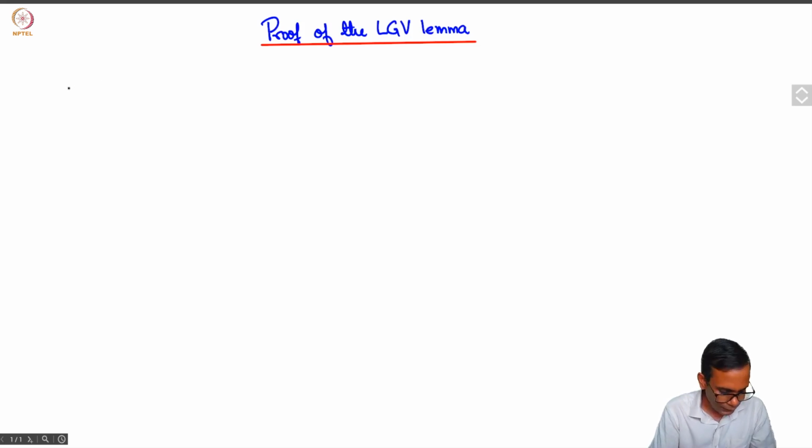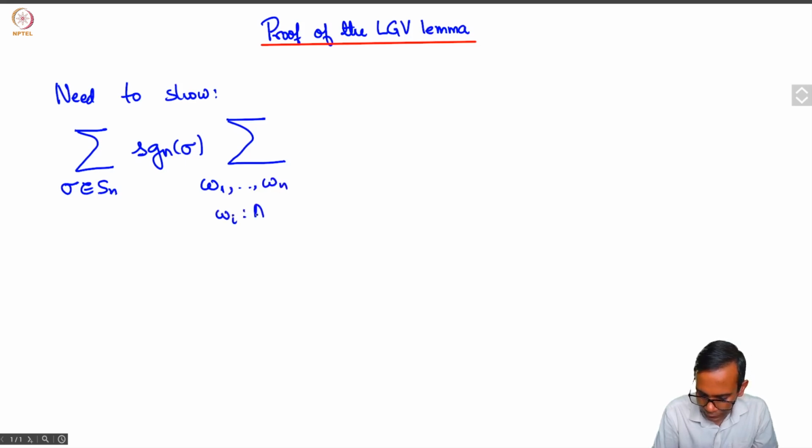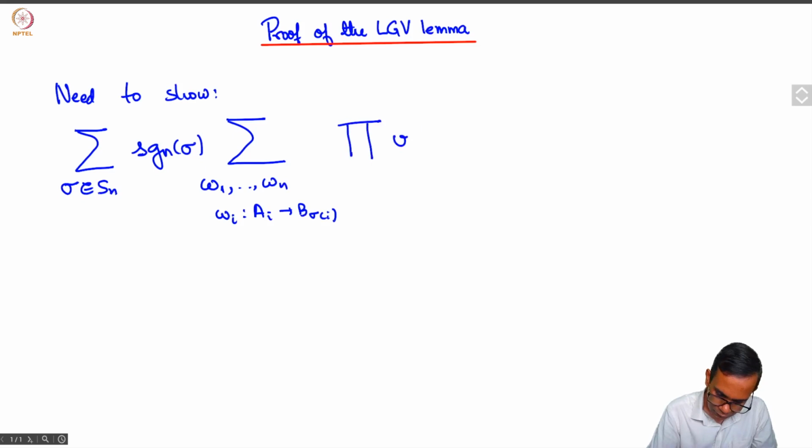So what we need to prove in that setup is that the sum over all sigma in S_n, the sign of sigma times the sum over all n-tuples of paths omega_1, ..., omega_n, where omega_i goes from a_i to b_sigma(i), of the product of v(omega_i) for i from 1 to n.